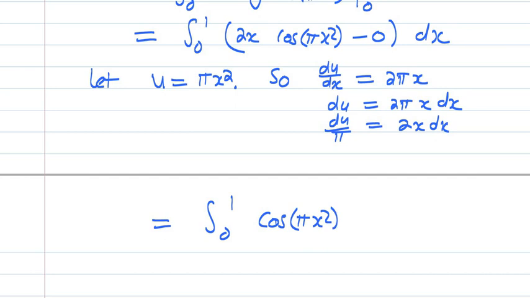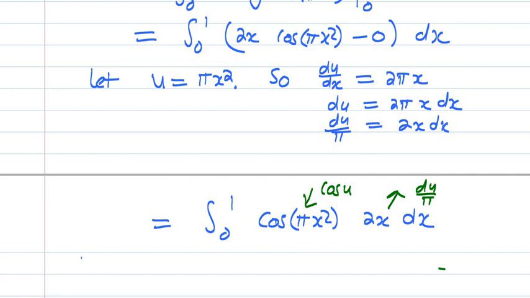Now we are interested in doing the integral from 0 to 1 of cos(pi x squared) times 2x dx. Now you see, if I do this substitution, this bit becomes du over pi, this bit becomes cos u, and remember, this is a definite integral. So if you do substitution, you also have to work out the new bounds.